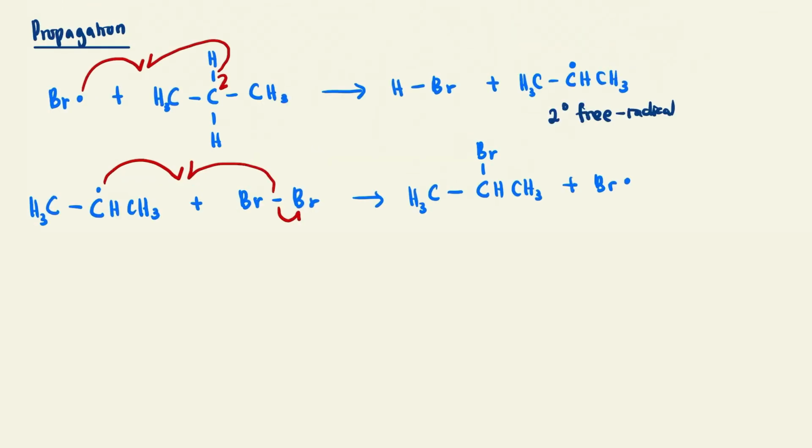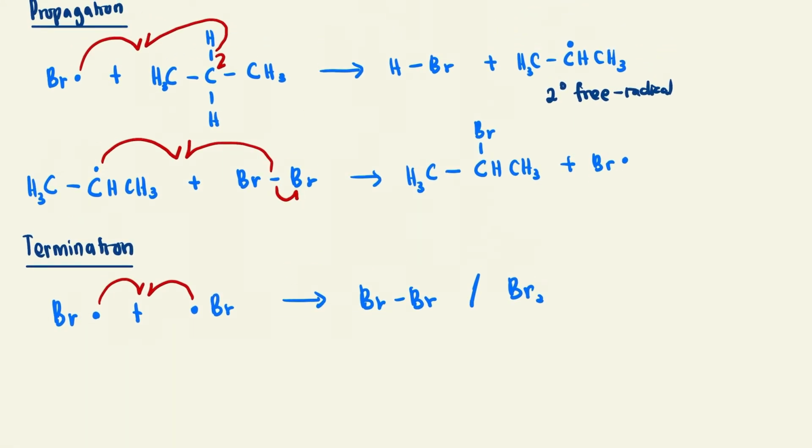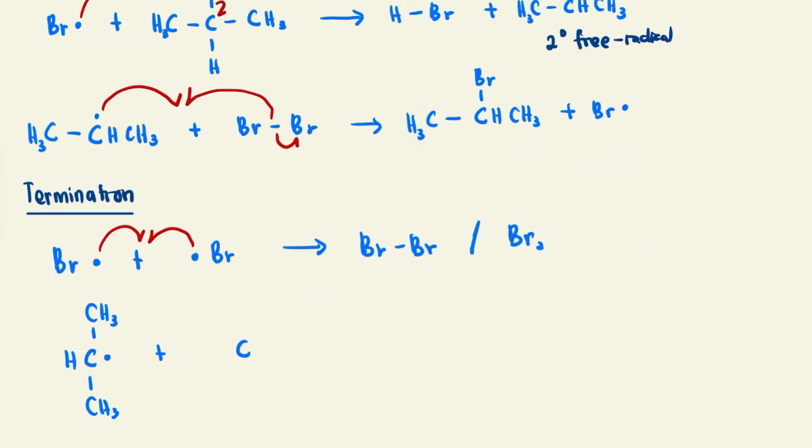Okay, the termination step. In this case, a bromine radical reacts with another bromine radical to form a bromine molecule, Br2. Another possibility is reacting with a carbon radical as well: a carbon radical reacts with a carbon radical.